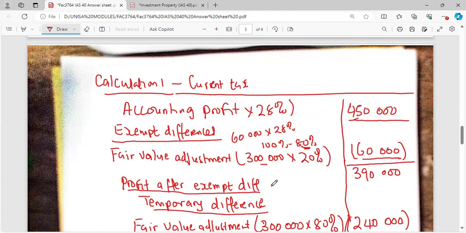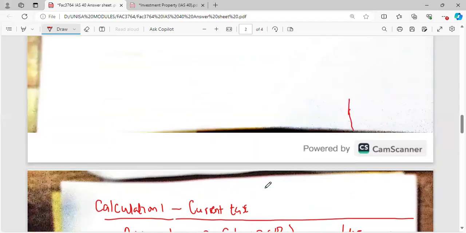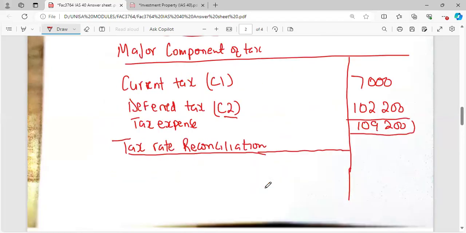If the question requires you to do the tax rate reconciliation and you have already done the current tax, there is no need for you to go back to the question. You just go to your current tax.